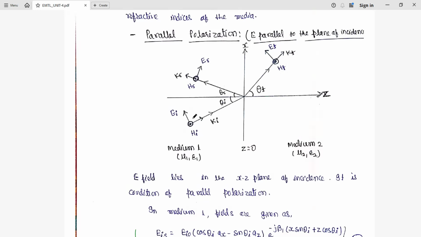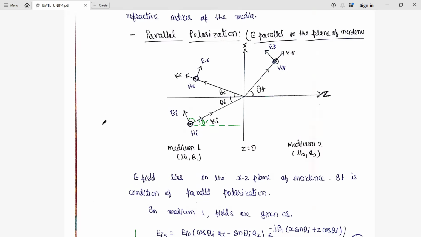It is in the same plane, so it is parallel to the plane of the wave. Now if you draw another line, this is at theta_I. So finally, if it is perpendicular to this, it is actually parallel to this plane of the wave. So better we can see it for the magnetic field, or you can resolve this.